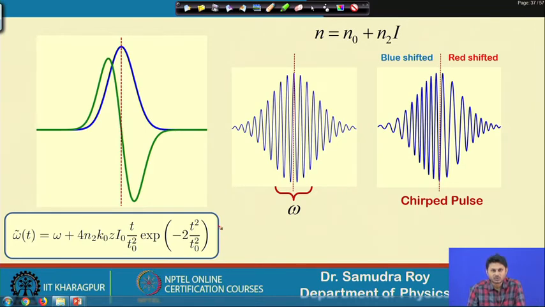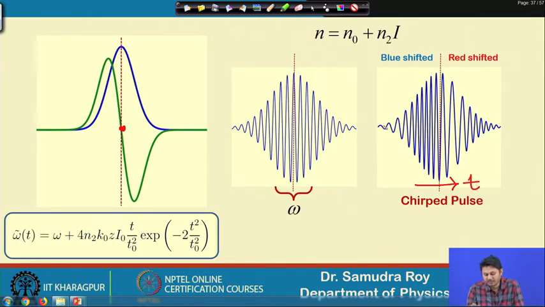So, omega 0 is the frequency shown here, and on the left side this quantity will add up, then at the center it will not change, and then it goes in the negative direction. So, if I look at this qualitatively, this is the uniform distribution of the frequency. Because of this Gaussian distribution of the intensity, the instantaneous frequency is now a function of time.